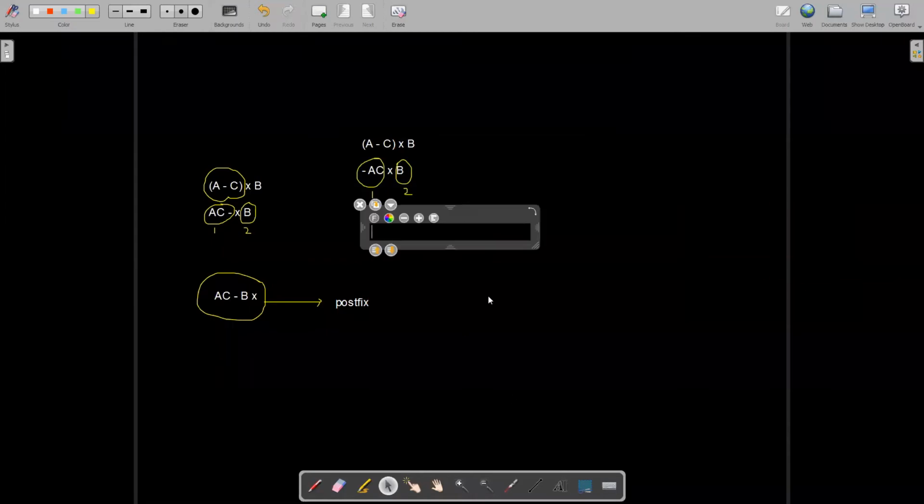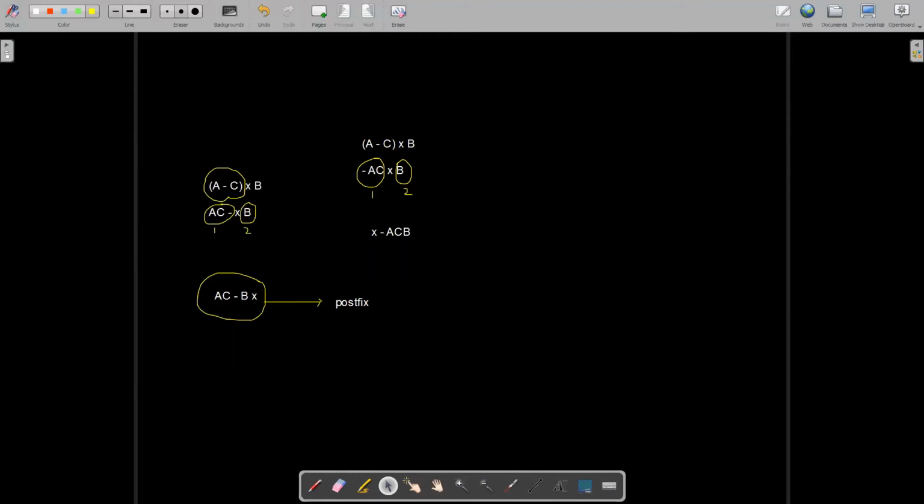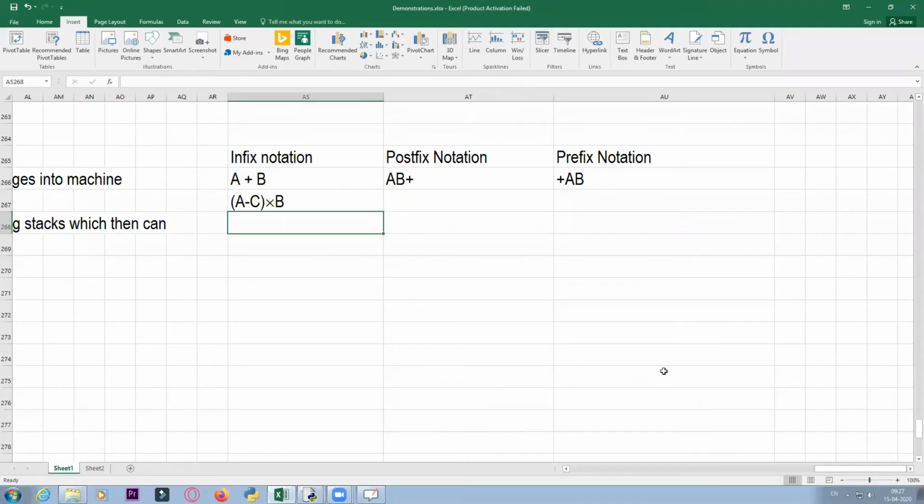Now what will you do? First, you will be writing the operator, that is multiplication. Then minus AC, which is your first operand. And then you will be writing B. So your answer is this. This is your answer. This is prefix. So I'm giving you some other questions here.